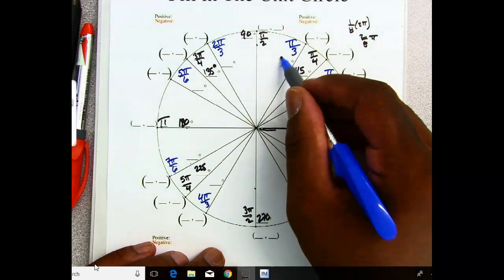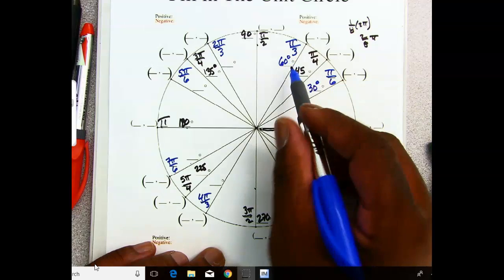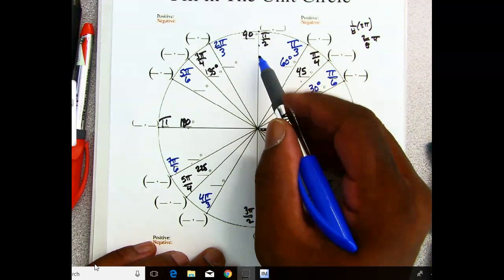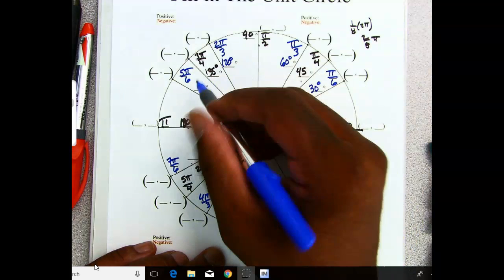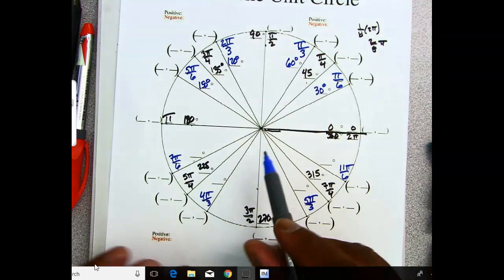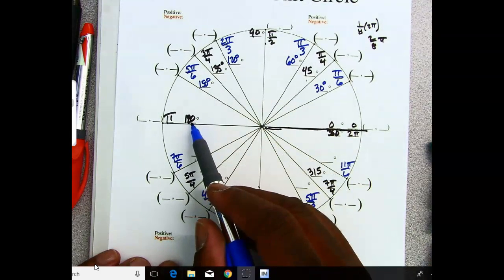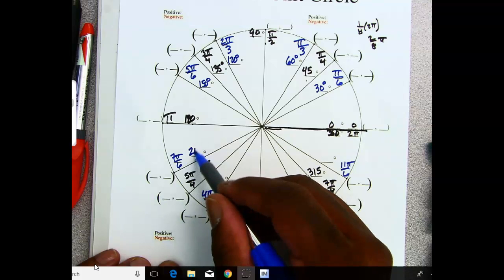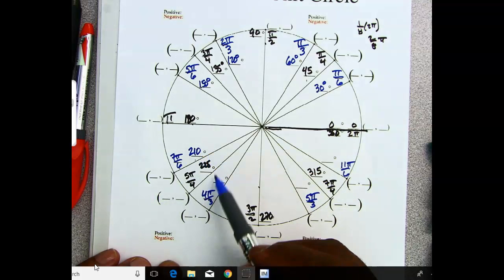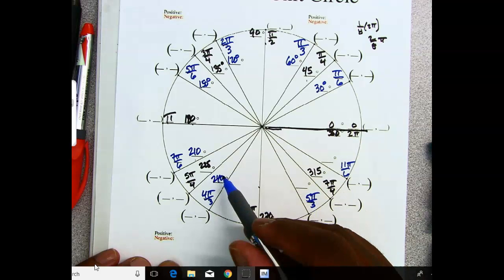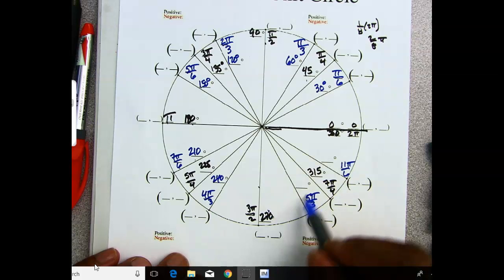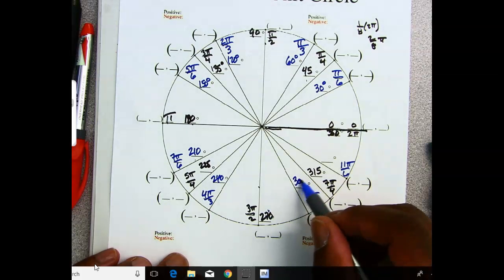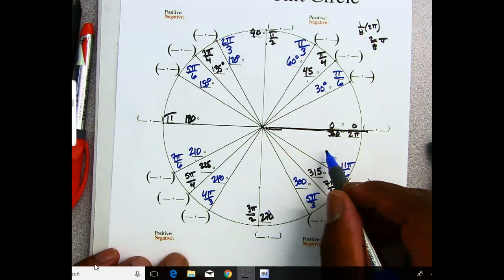Plus another 30 degrees is 60 degrees. 60 plus 30 is 90. 90 plus 30 is 120. 120 plus 30 is 150. 150 plus 30 is 180. 180 plus 30 is 210 degrees. 210 plus 30 is 240. 240 plus 30 is 270. 270 plus 30 is 300. And then 300 plus 30 is 330 degrees.